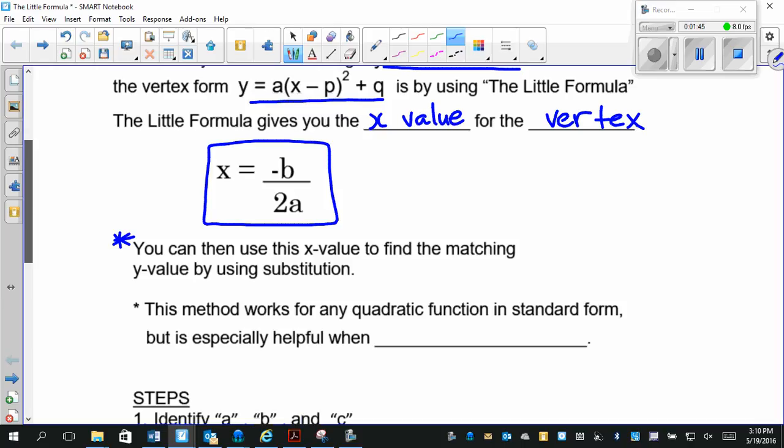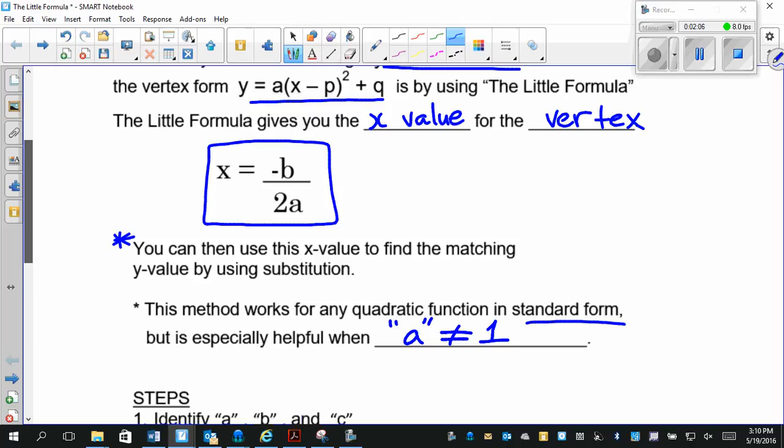Okay? This method will work for any quadratic equation that's in standard form, but it's especially helpful when the a value is not equal to 1 out in front of the x squared in the equation.